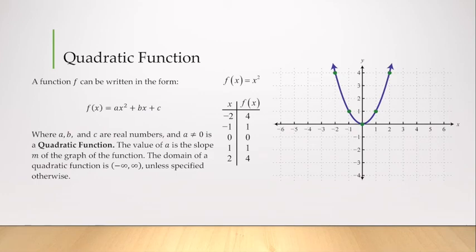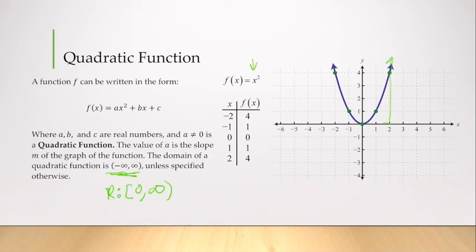Next is a quadratic function, right? This is a parabola, sometimes called the squaring function. Its domain is all real numbers, and in this example, its range or its target goes from 0 to infinity.